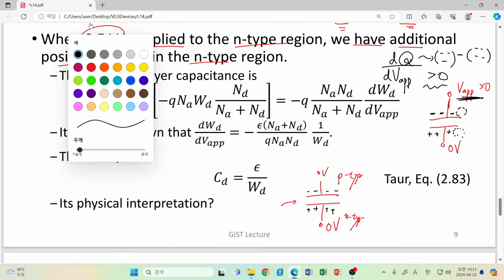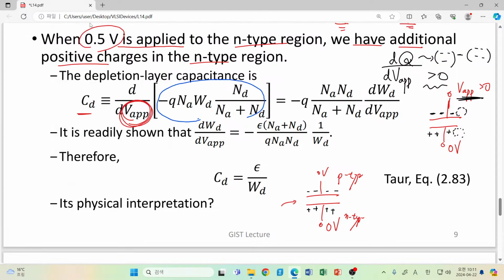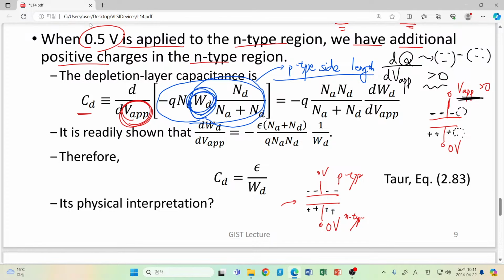Okay, once you understand that, you can easily understand this one. This corresponds to the p-type side length of the depletion layer. Of course, here we have a depletion layer width that is shared by the n-type region and the p-type region.